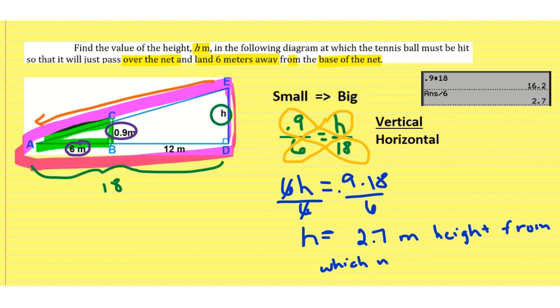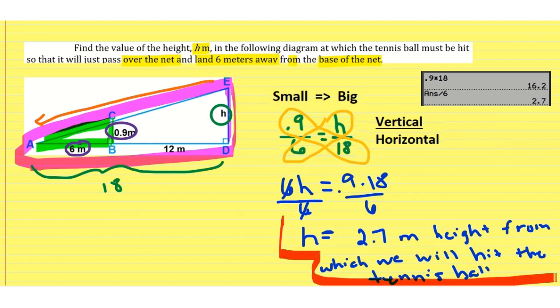Okay, so my writing's getting weird here. Hopefully that makes sense, how to set up your ratios and how to calculate the answer for that.